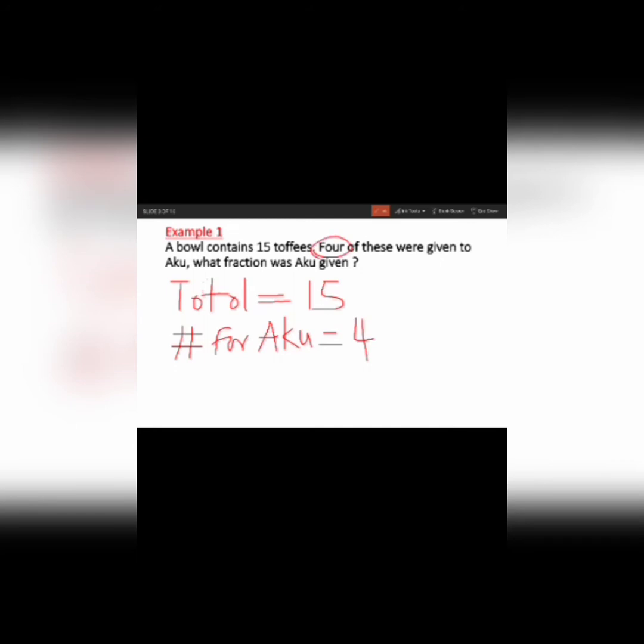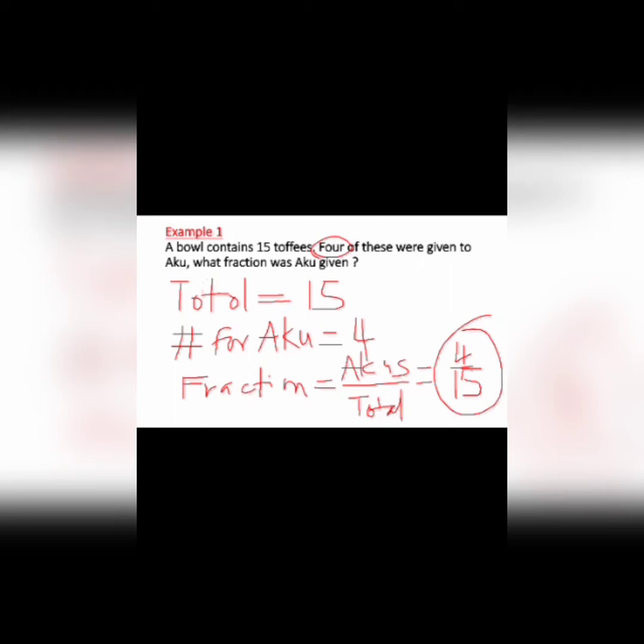So now the fraction would be Aku's over total. So in this instance, Aku's is 4, total is 15. So this is the fraction. So what fraction was Aku given? 4/15.